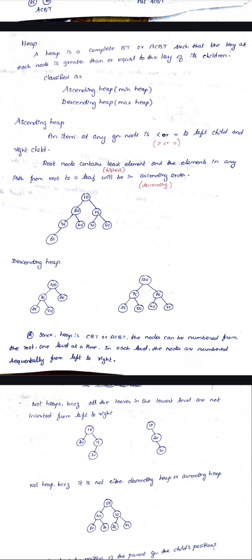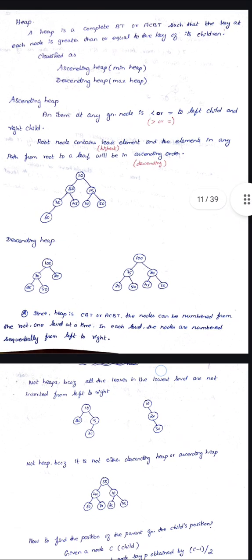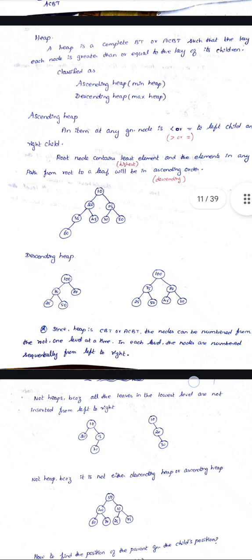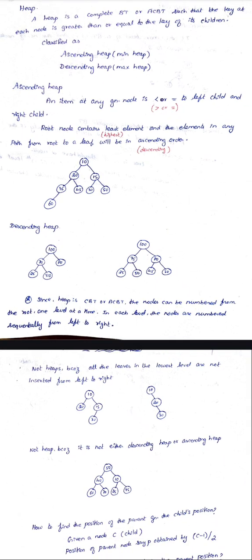Ascending heap, that is min heap. Descending heap, that is max heap. In an ascending heap, the item in any given node is less than or equal to the left child and the right child.